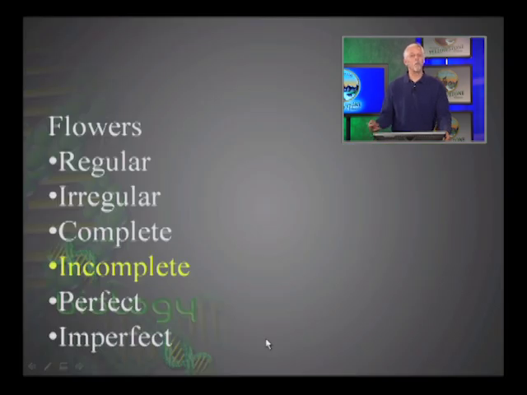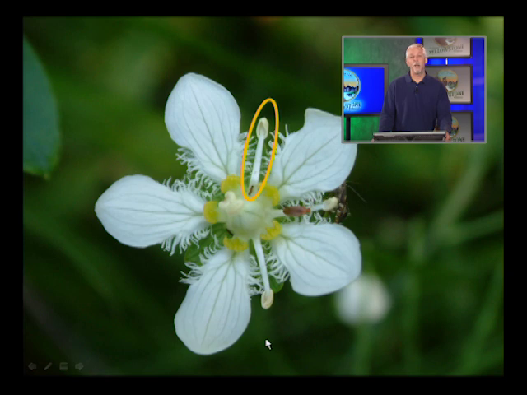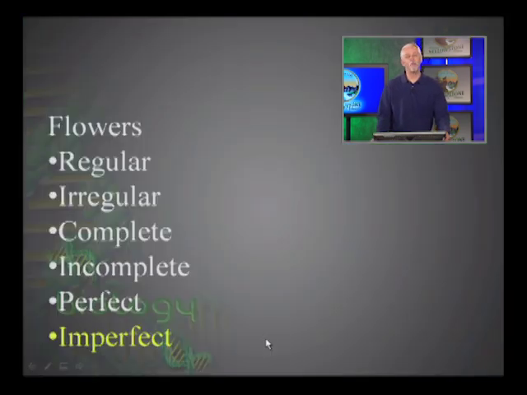If it lacks one or more of those, it would be an incomplete flower. And then a perfect flower would be one that has both reproductive organs, stamens and carpels or pistils. An imperfect flower would lack either stamens or pistils.